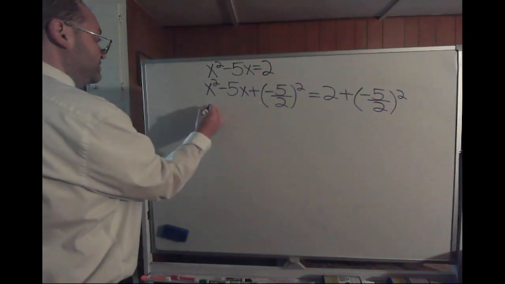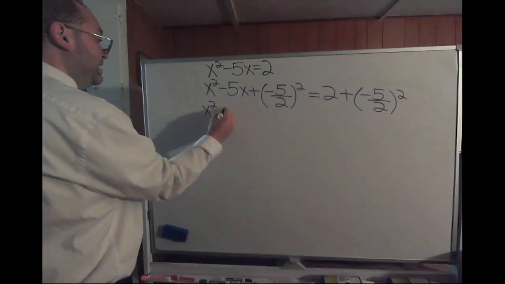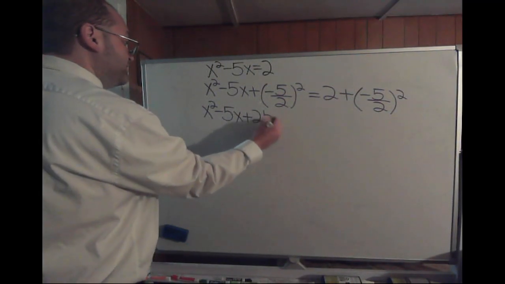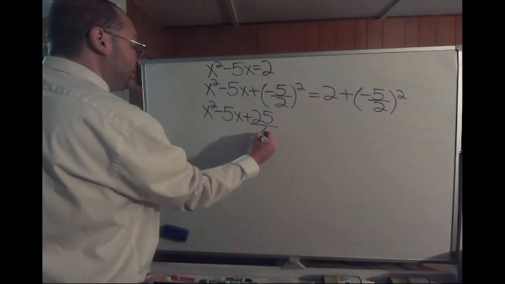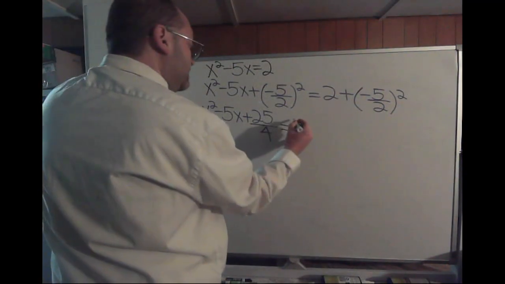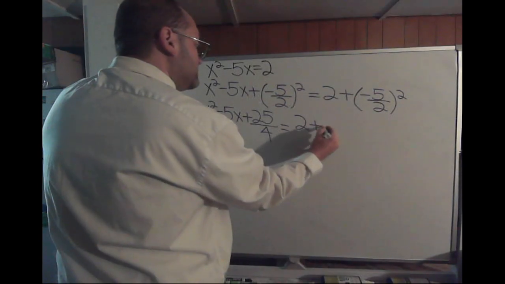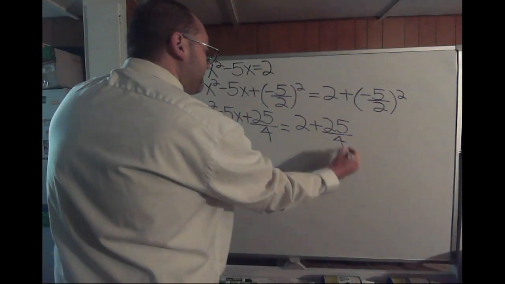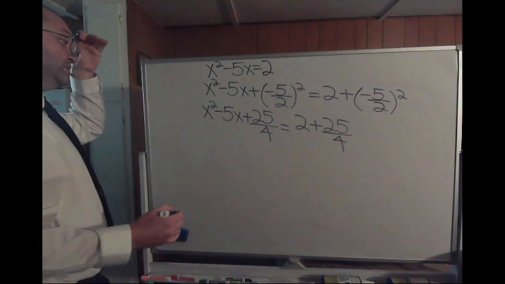which now this turns into x squared minus 5x plus 25/4. That's going to be equal to 2 plus 25/4. So yeah, this is looking pretty awful, isn't it?